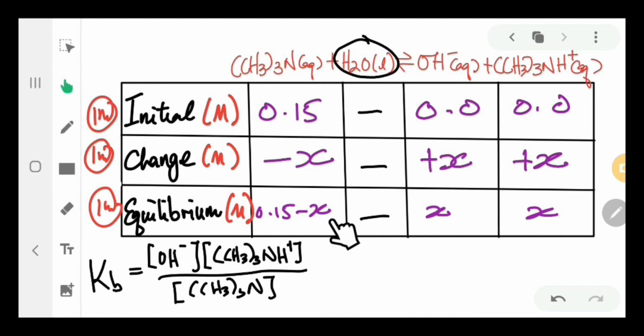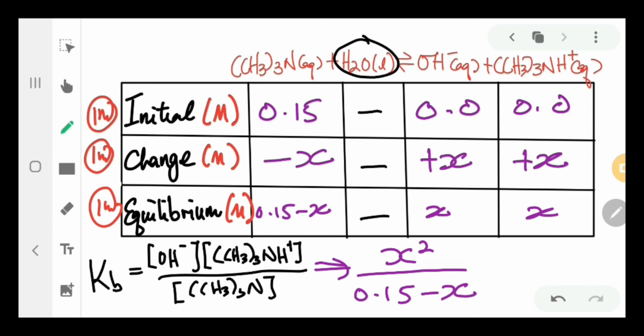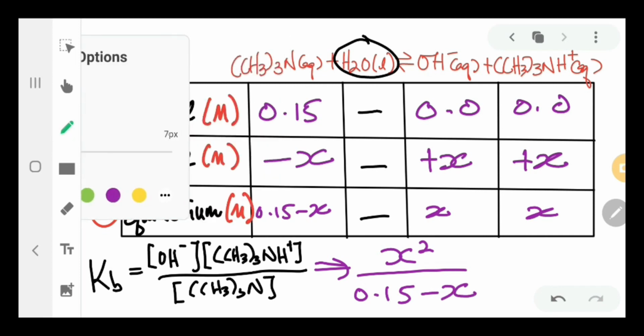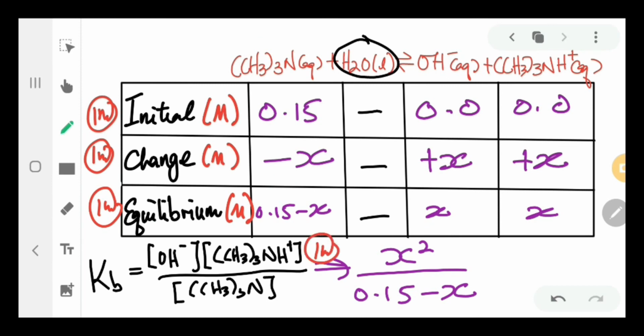So these are the values at equilibrium. The same concept we have learned in chemical equilibrium before. So we're going to plug in the value here. Then you get X squared over 0.15 minus X. So by doing this, you get another 1 mark.